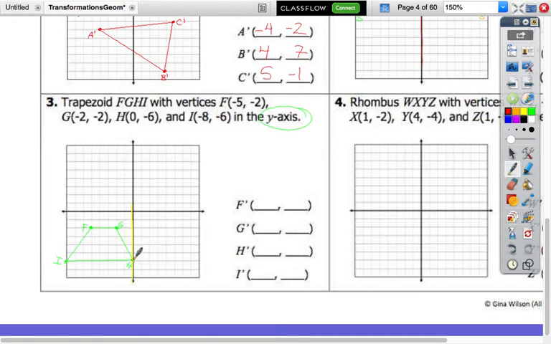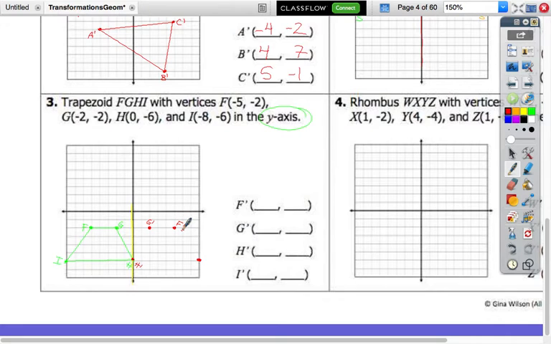So, let's start with H. Is that going to change? Is it going anywhere? No, right? It's going to stay right there. What about G? G is 2 away, so that means it needs to be 2 away on the other side. So this is G prime. Then I've got F. F is 1, 2, 3, 4, 5, so it needs to be 5 away on the other side. So I'm going to count 1, 2, 3, 4, and 5 and put a point. And then I is 8 away, so I'm going to make sure it's 8 away, except on the other side of the axis.